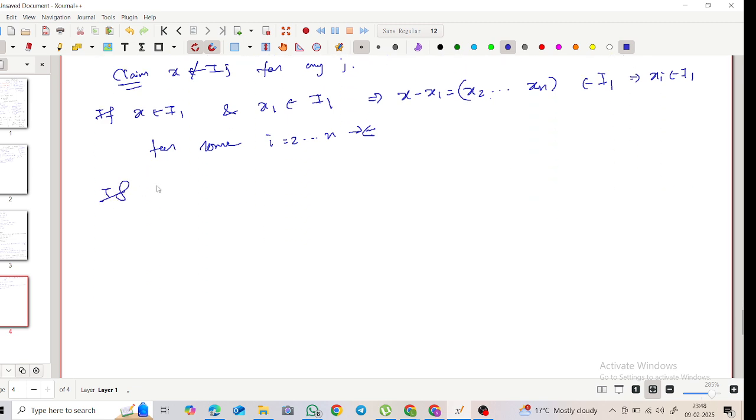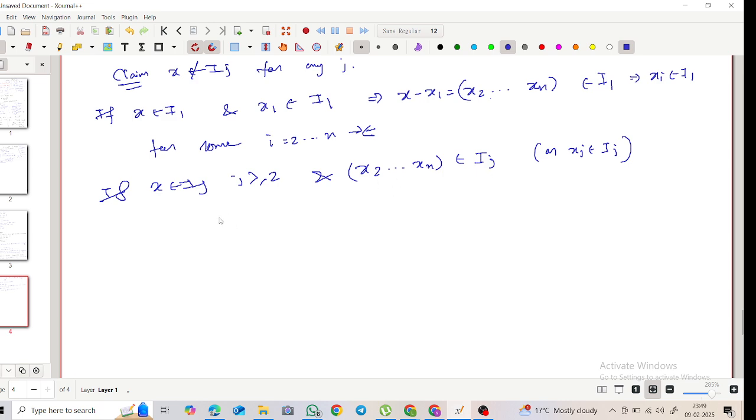Now if x is in Ij for j greater than or equal to 2, and you have x2 to xn, this product is in Ij because Ij is an ideal and xj belongs to Ij.